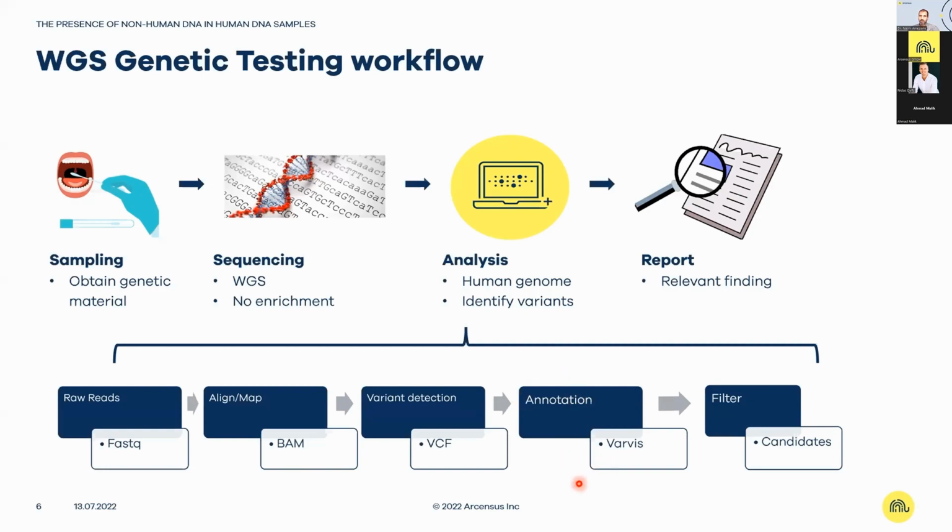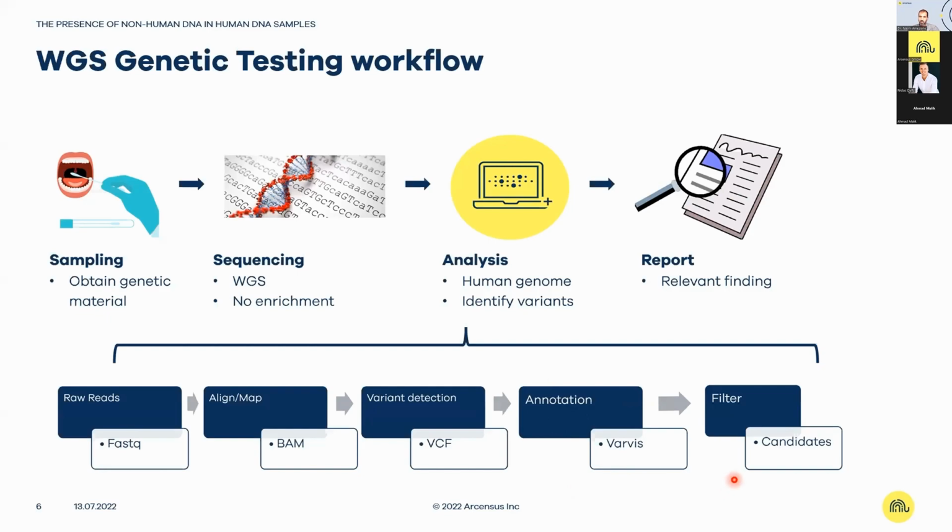At this stage, there are about 150 databases that are used to provide additional context to this particular variant. And once all this information is provided, then the filtering and the prioritization to identify the candidate or the relevant variant for reporting.